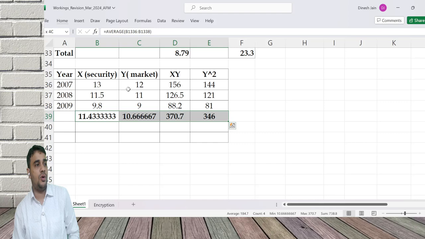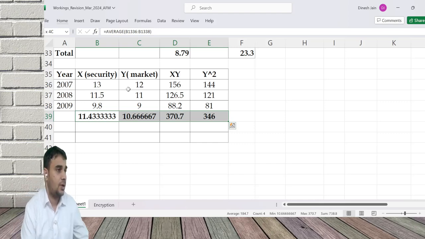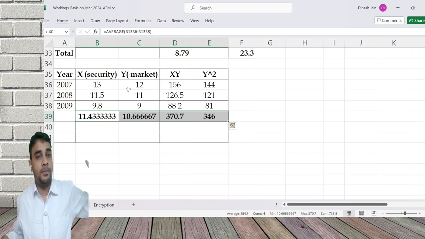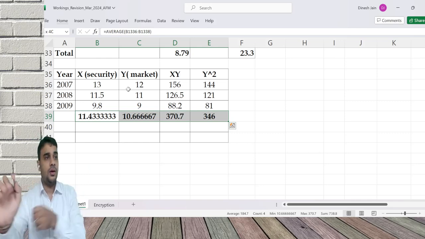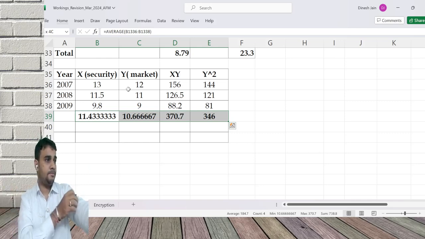Last column I need total, last to last column, and last column I need total. Any doubts on the table?